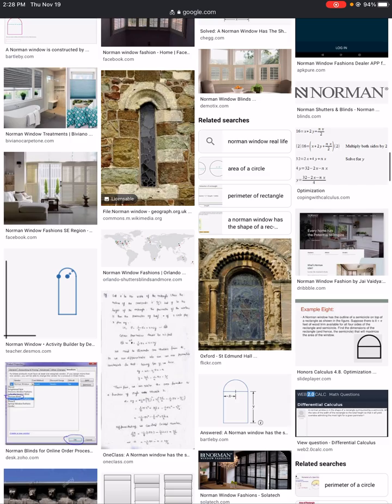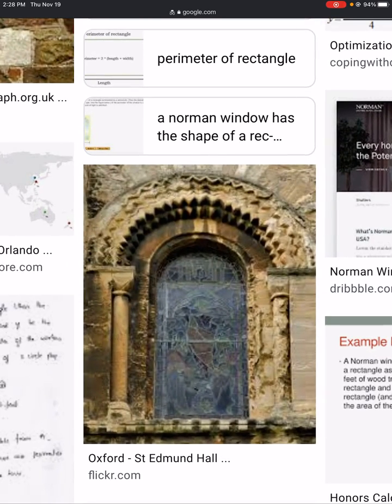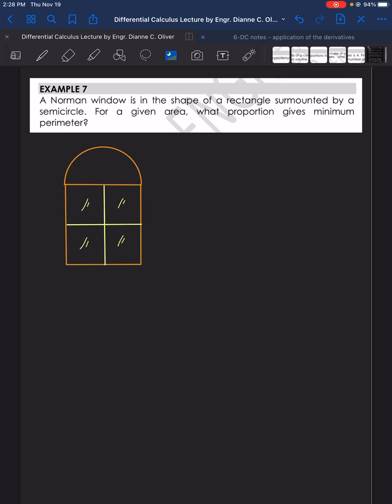So here are examples of Norman windows. Look at that, it has a semicircle on top, and below that semicircle is a rectangle. So going back to the problem, we can use that drawing here.